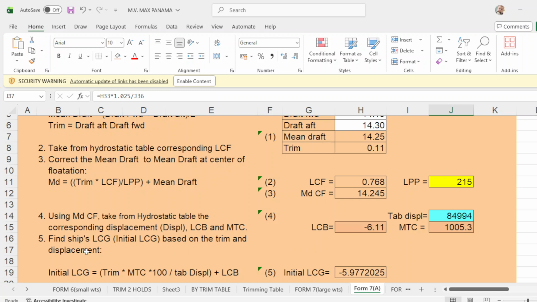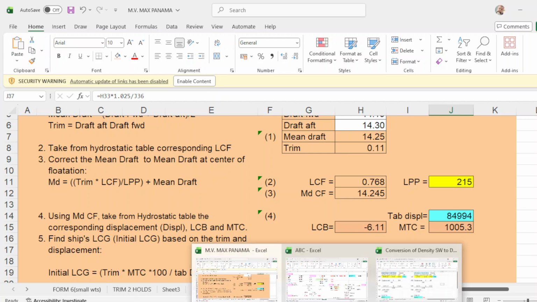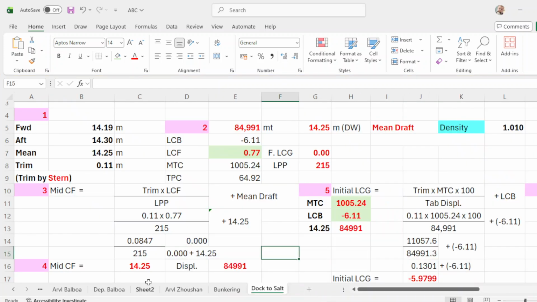Number 5, find ship's LCG, initial LCG based on the trim and displacement. So your LCB is negative 611, from this one. LCB is negative 611, correct?